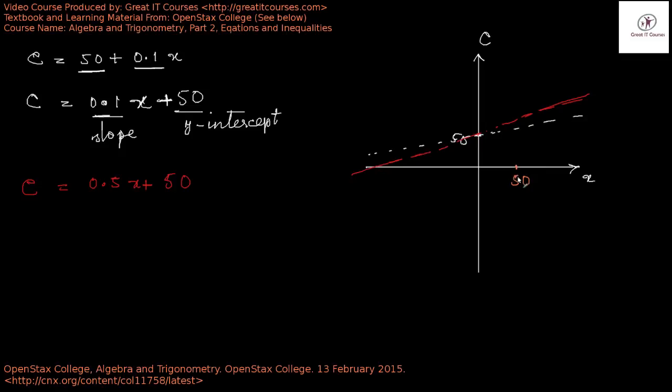If I drop a perpendicular to this point 50 on the x-axis, you can see that this perpendicular cuts the second function over here and cuts the first function over here.